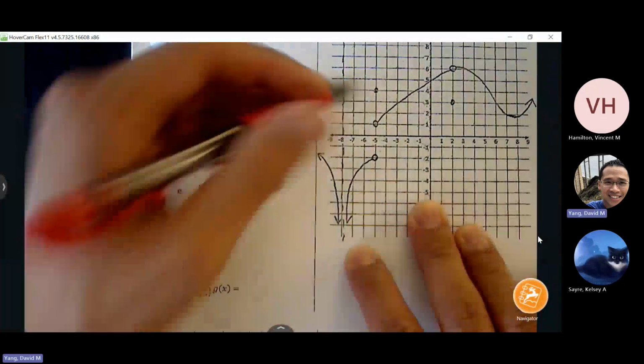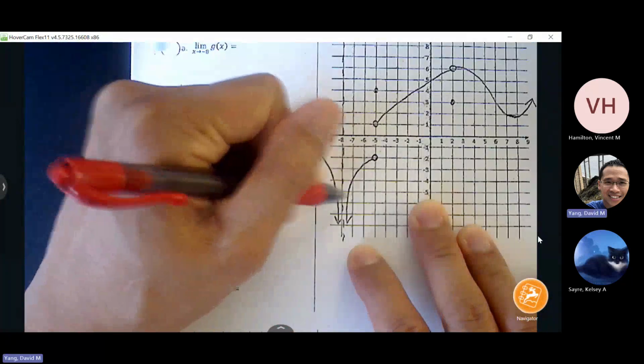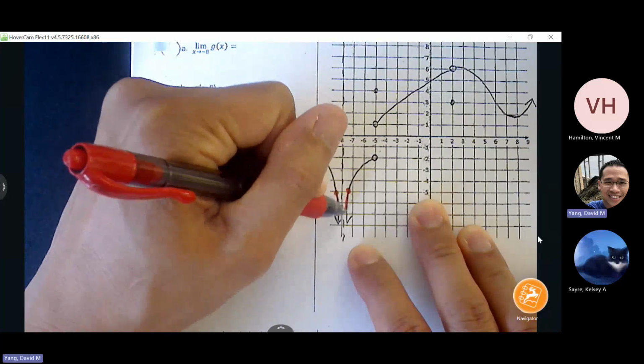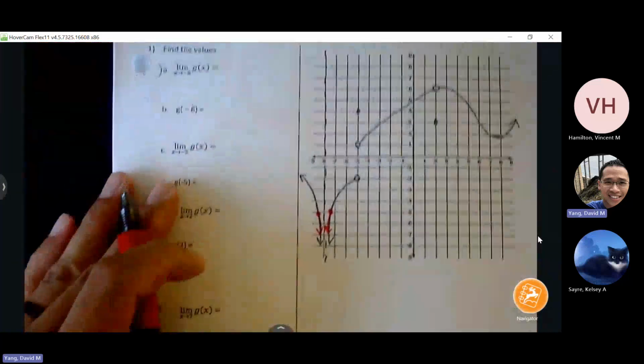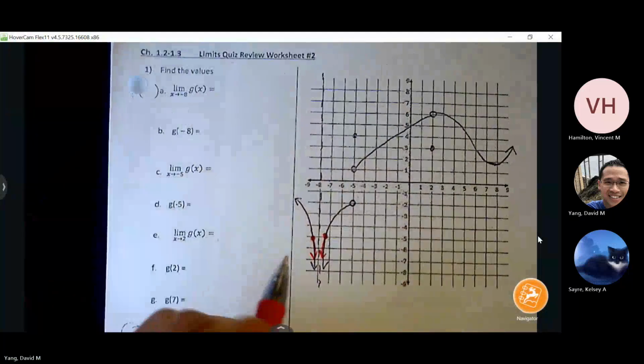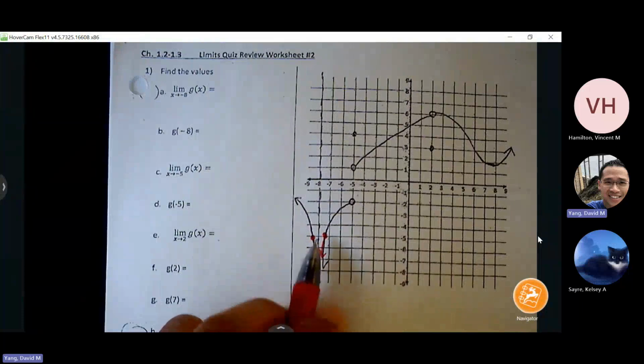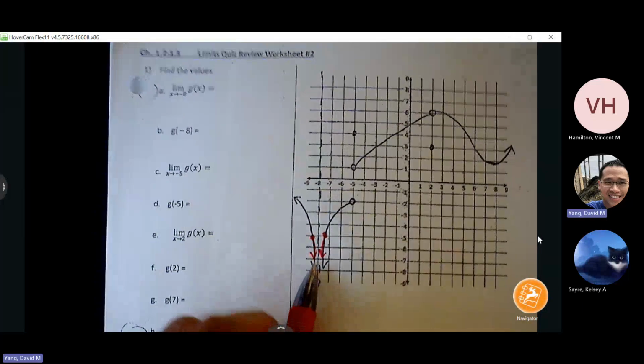Here's -8. I find points on both sides of -8, and I follow the path towards -8 along where the graph leads me. And they're both going down to -infinity. We know that there's a vertical asymptote, which means our limit doesn't exist.